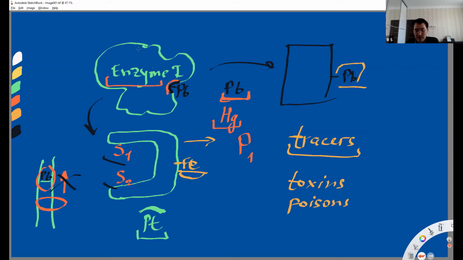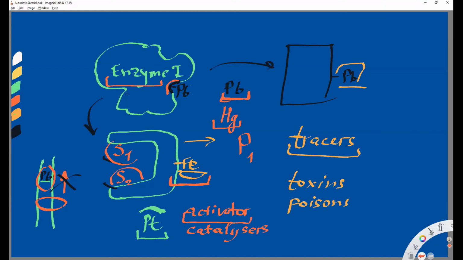One enzyme can only take these substrates, not anything else. But as a reminder from the past, we still have these tracers that activate them. So they are called activators and never catalyzer, because they themselves do not do the catalysis. They just activate the real specialized catalyzer called enzyme, okay?